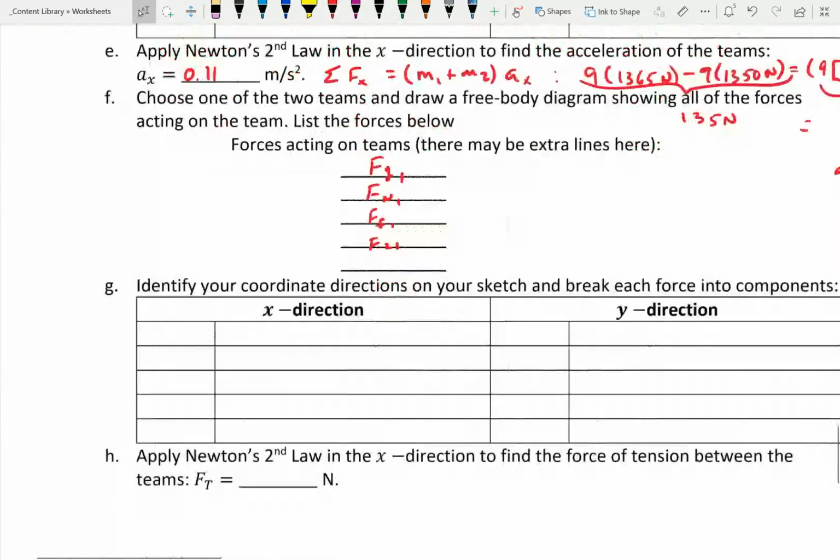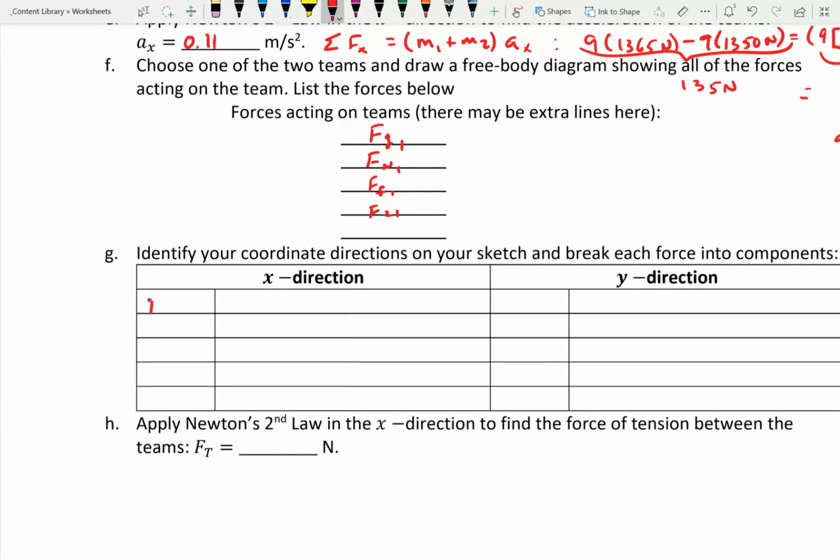Breaking those into components, force of gravity 1 in the x direction is 0. Force of gravity 1 in the y direction is minus m1g. Force normal 1 in the x direction is 0. Force normal 1 in the y direction is normal 1, whatever that turns out to be.